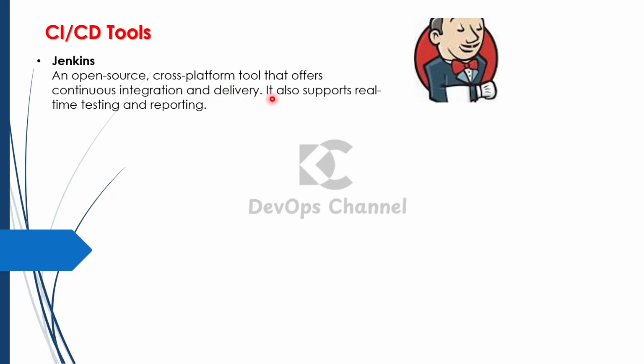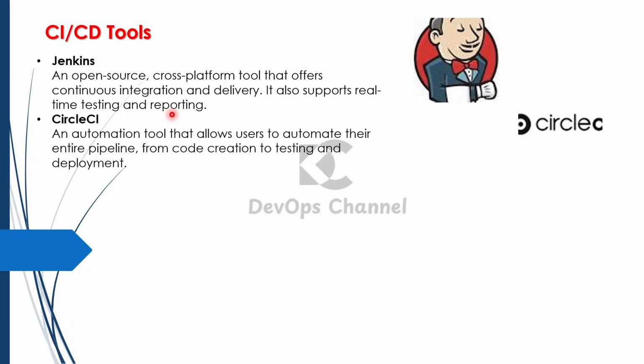It also supports real-time testing and reporting. The next one is CircleCI, an automation tool that allows users to automate their entire pipeline, from code creation to testing and deployment. This is also an alternative to Jenkins.